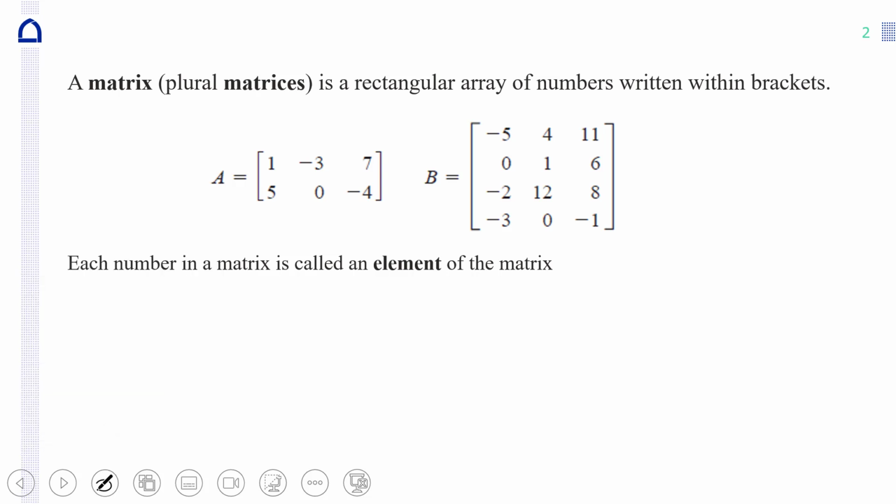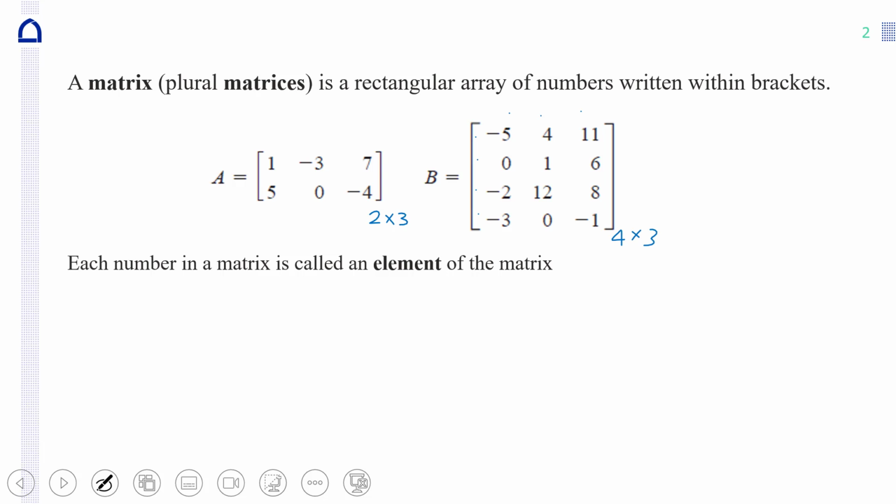So this one is 2 rows by 3 columns. This is how to write the size of the matrix, or you can call it the degree of the matrix. But B has 4 rows first, written to the left, and 3 columns, so 4 by 3, which means you have 12 elements inside.